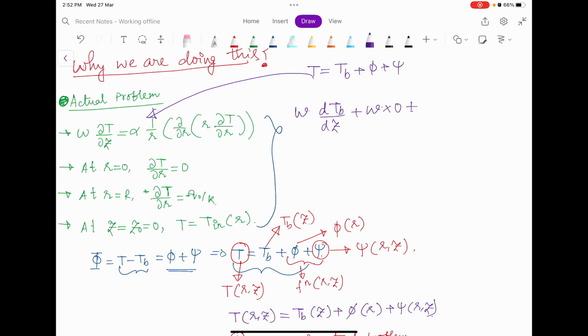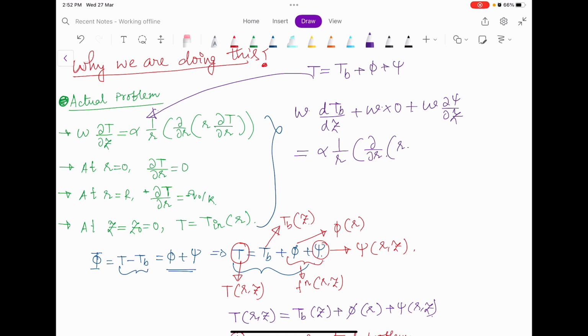I am writing the LHS, and this will again be w into del psi del z, and that is equal to what? Alpha into 1 by r del r. Tb is not a function of r, so that term will not contain any Tb on the RHS.